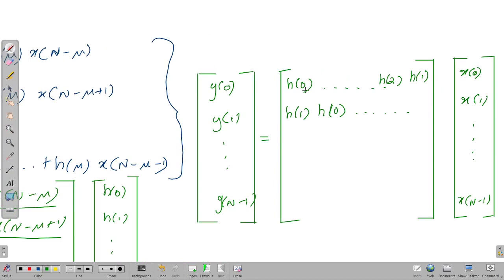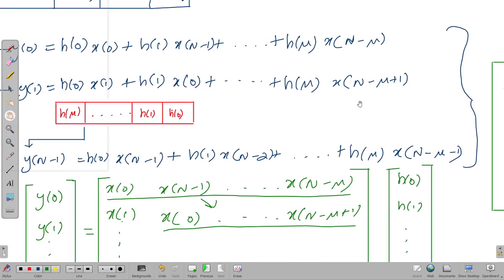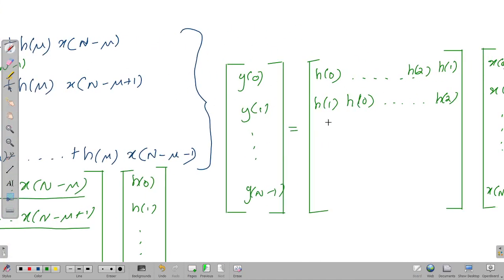This whole thing is going to shift to the right. So it's going to be h of 2. Right? Here, x of n minus 1 is getting multiplied by h of 2, so I can write h of 2 here, etc.